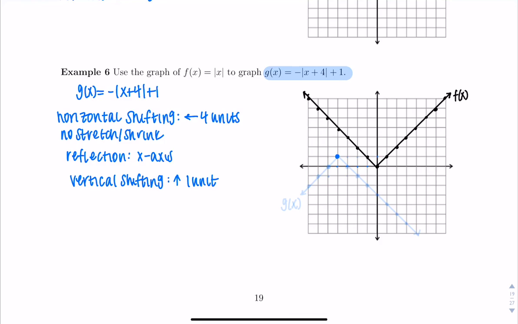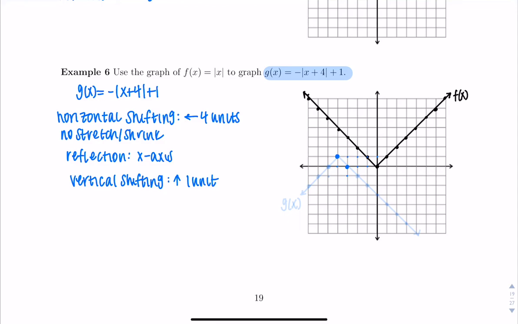So move it to the left 4 units. We're not stretching or shrinking, but we will reflect it over the x-axis. So because I'm now at negative 3, 1, I'm going to do negative 3, negative 1. And then you move it up 1 unit. So I ended up on the x-axis anyway.